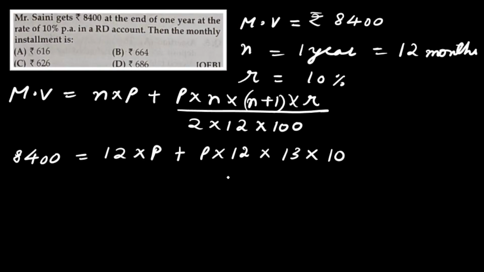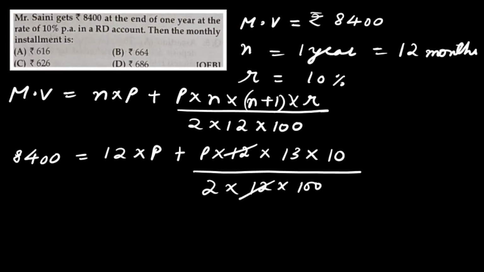R's value is 10. 2 into 12 into 100. So here 12 and 12 will get cancelled. Here the 0 you can cancel. Other than that we cannot cancel anything. So what are we getting here? Yatin has also already given the answer. Let's see.